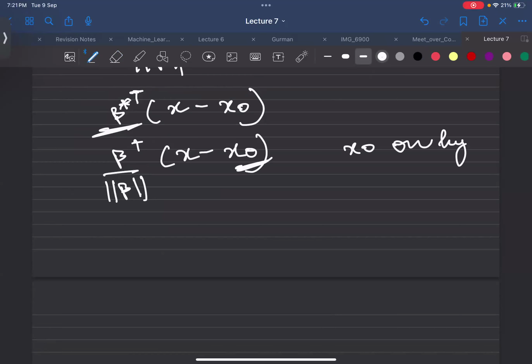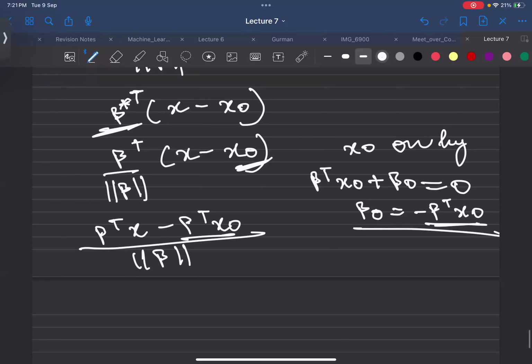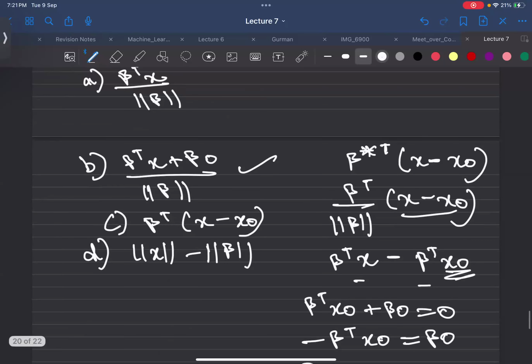And if it is on the hyperplane, fX is equal to 0, which means that beta transpose X naught plus beta naught is equal to 0. So I can write it as beta naught is equal to minus beta transpose X naught. Now, when I open the brackets, beta transpose X minus beta transpose X naught. What is minus beta transpose X naught? Beta naught only. So beta transpose X plus beta naught. That is what the B option is.